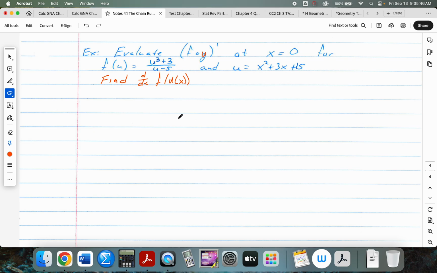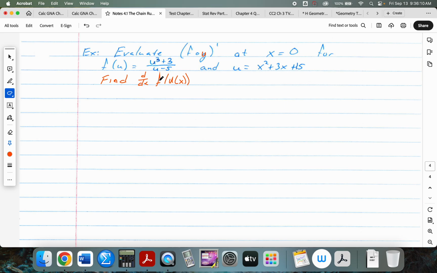All right, so this can get a little confusing because you're like, oh, this is in terms of U. Could you take this and substitute it in and then work it out? Yeah, but it's really kind of ugly if you do, because you've got to raise this quadratic to the third power.